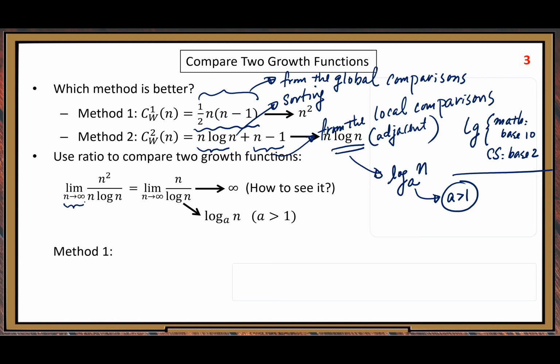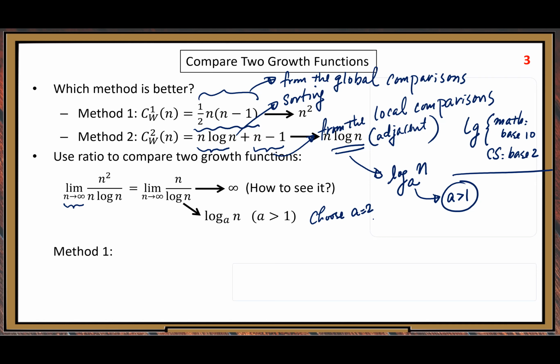But here, for convenience, I'd like to choose a equals 2. In computer science, the most commonly used log base is 2. So let's use a equals 2, then log base 2.